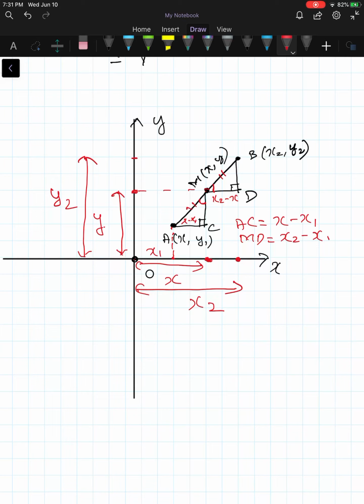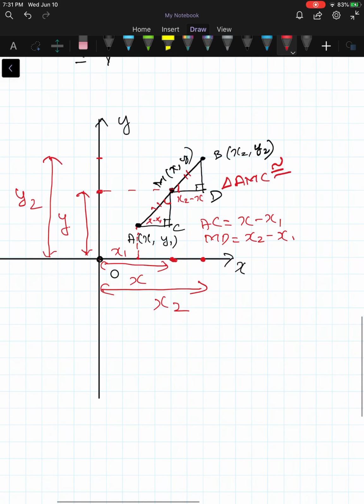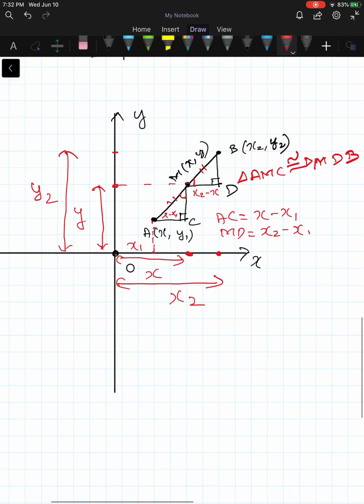So in that case, the two triangles AMC and MDB are congruent to each other. We know that corresponding parts of congruent triangles are equal. Therefore, we get x minus x1 to be equal to x2 minus x.